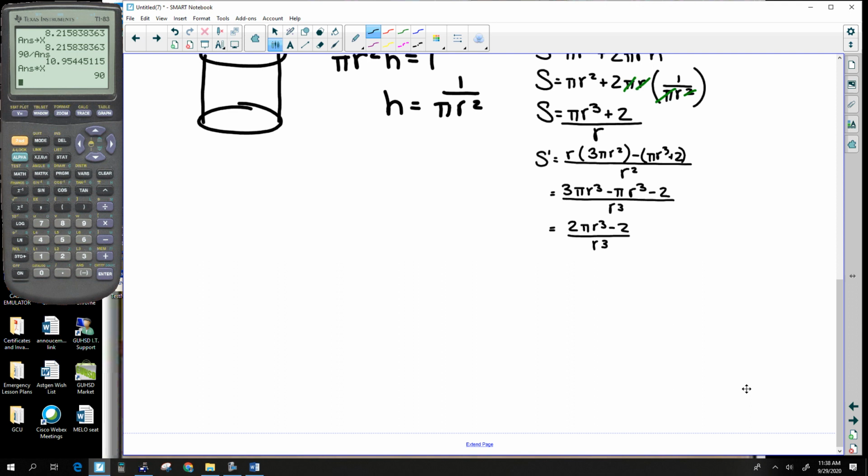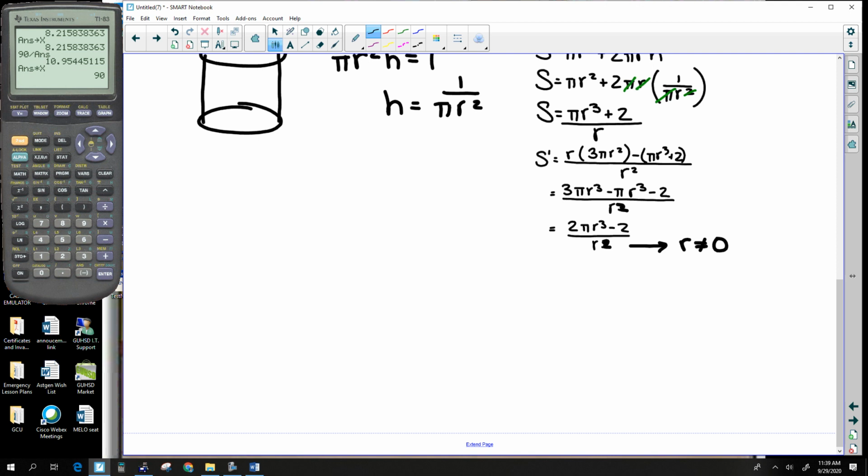So critical numbers. The bottom can't be, r can't be equal to 0. I'm sorry, this should be r squared. Sorry. That denominator should still be r squared. I don't know where r to the third came from.